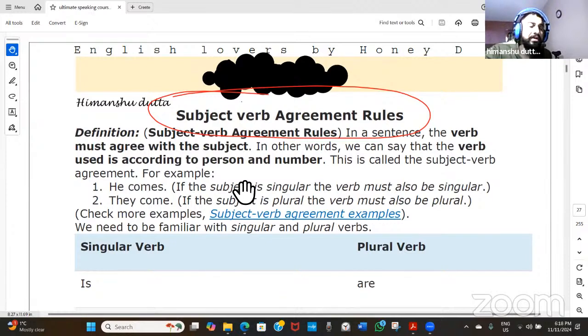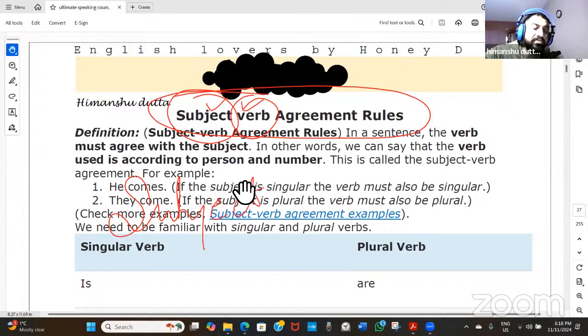So, subject verb agreement. First of all, we should know the terms subject and verb. Whatever we utter out of our mouth will have a subject, a certain topic that we talk about. Something that we talk about is the subject, the doer of action. In the English grammatical sense, the subject is known as the doer of action.